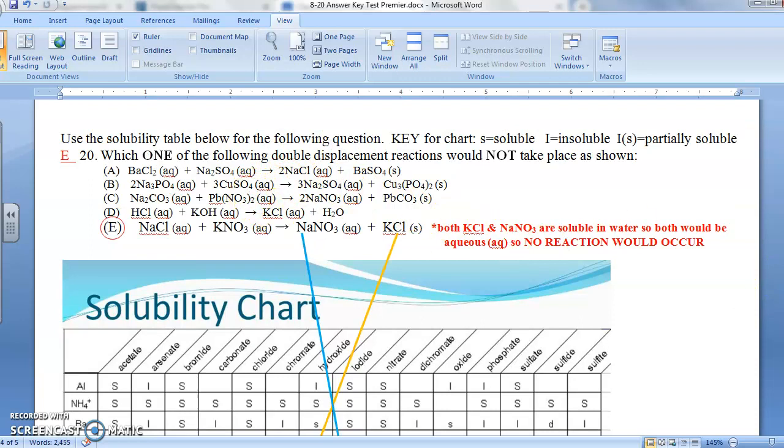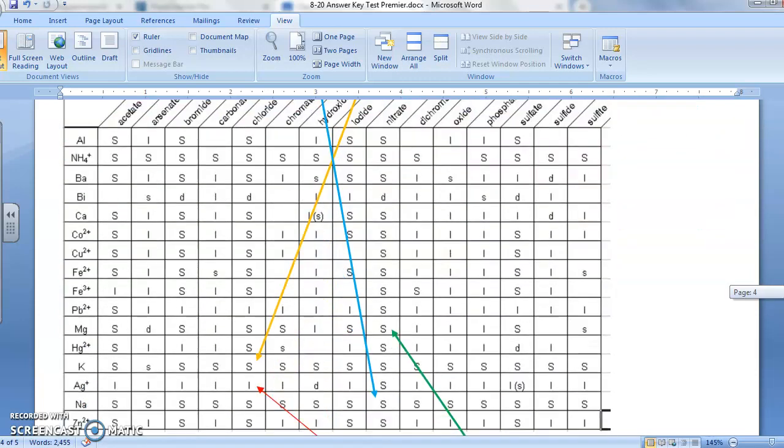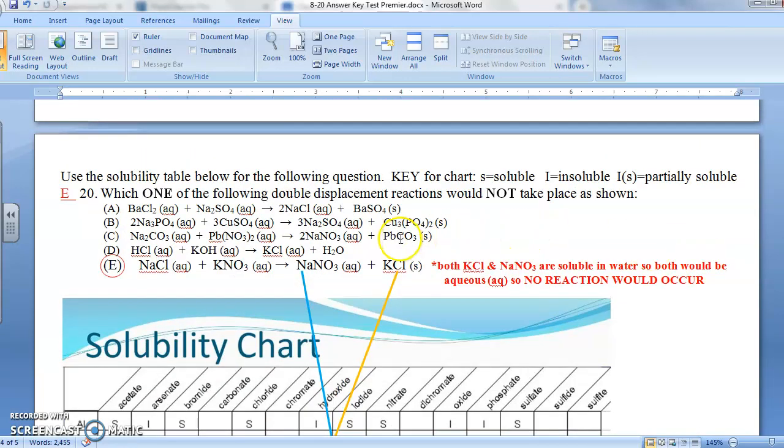What about lead 2 nitrates? Here's our nitrate column right there. If we look on this list, here's our lead 2s, there's our nitrates, they are soluble. But what happens when we pour these two solutions together? The leads would start bumping into the carbonates, the sodiums would start bumping into the nitrates.